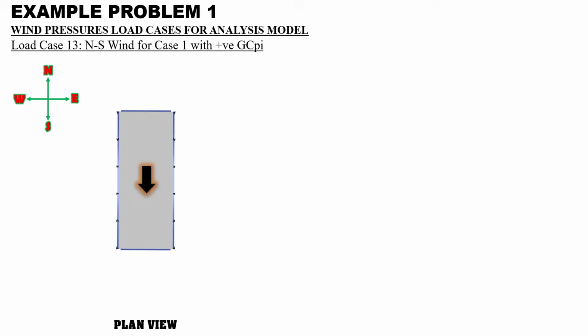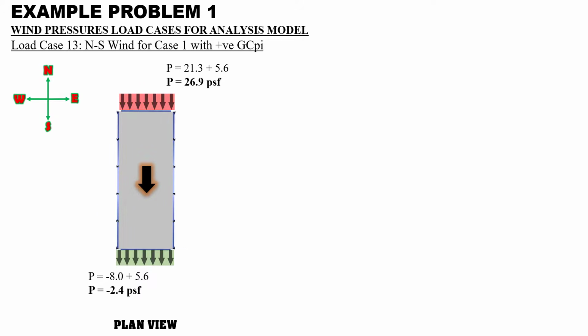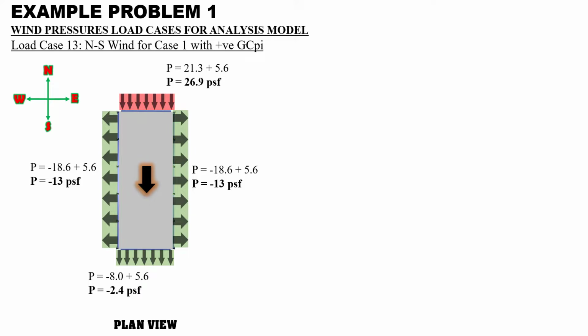For load case 13, wind is blowing from north to south now for case 1 with the positive GCPI. So this wall becomes the windward wall and this one is the leeward wall. These are the side wall pressures.